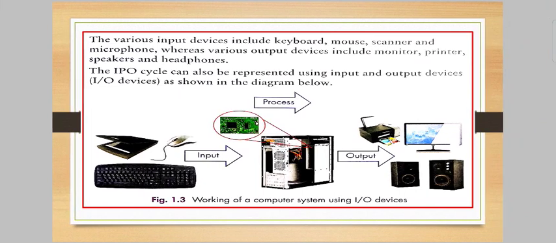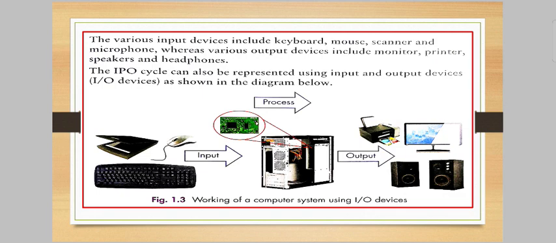Next, there are various input devices including keyboard, mouse, scanner, microphone, whereas various output devices include printer, monitor, speaker, headphone. The IPO cycle can also be represented using input and output devices as shown in the diagram. Here you can see mouse and keyboard input, then processing in the CPU box, then the result comes through the output devices like monitor, speaker, printer, etc.